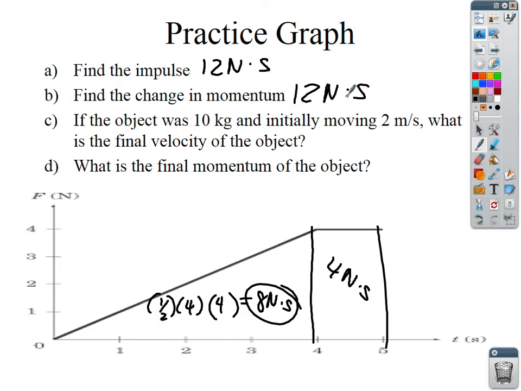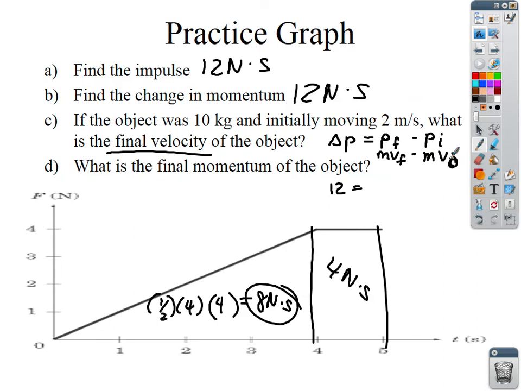So what am I supposed to do here? It's change in momentum equals final momentum minus initial momentum. But I'm trying to find the final velocity, so I can split this up. I know the change in momentum is 12. That'll equal mass times final velocity minus mass times initial velocity, V naught.